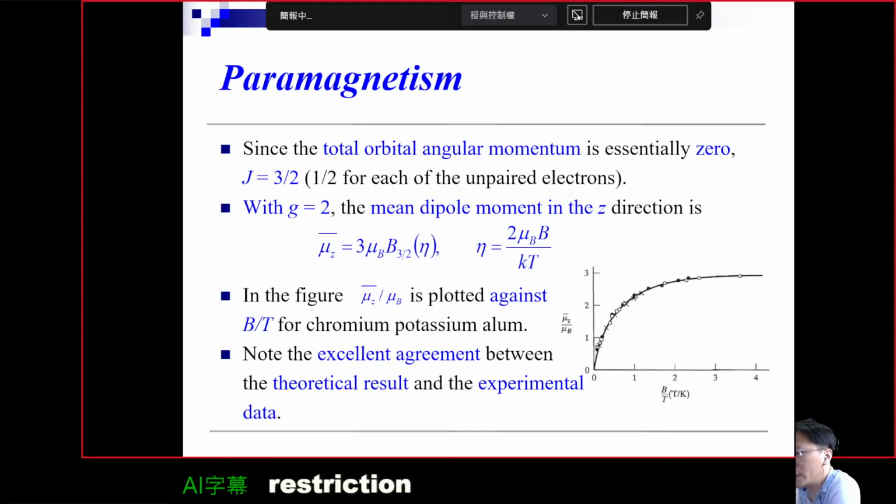For example, if you have magnetite, sometimes magnetite has multiple valences, equal 2, equal 3, equal 5, and equal 7.